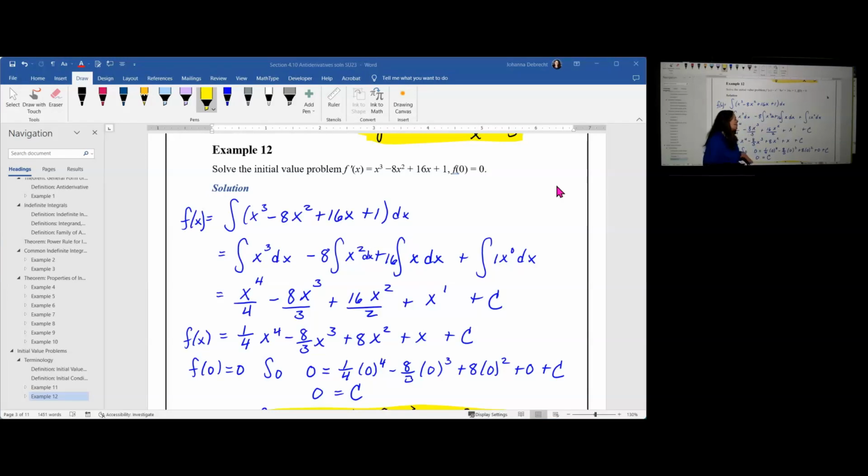When we look at this problem, notice that the derivative of the function is given. To find the function, we need to undo the derivative by taking the antiderivative. This is the indefinite integral of this function. When we do that, we can split it into the sum and difference of 4 separate indefinite integrals.